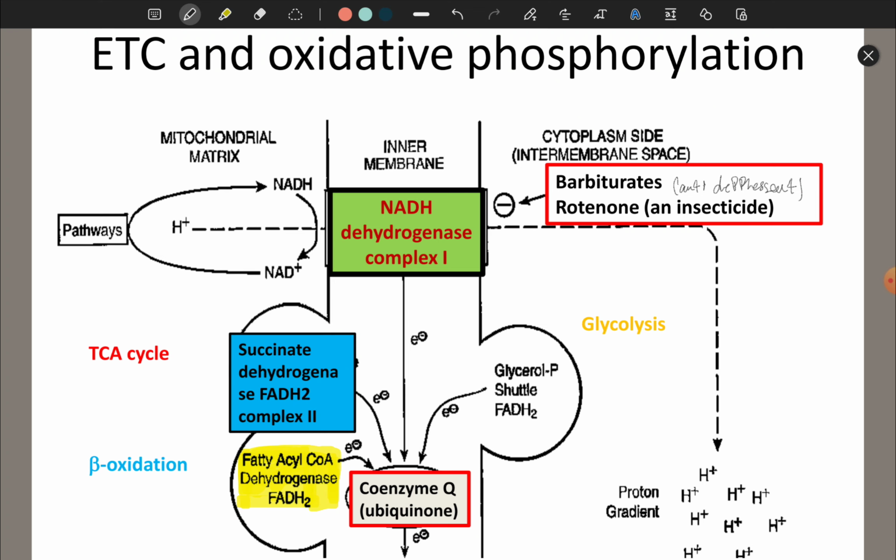How is the balance? In glycolysis and in the TCA cycle, yes, they give minor ATP amounts. Regarding the electron transport chain, do we make any ATP in the electron transport chain when there is barbiturate around? Yes, we do make ATP, but a very little amount. Because as I said, these three pathways bypass complex 1.